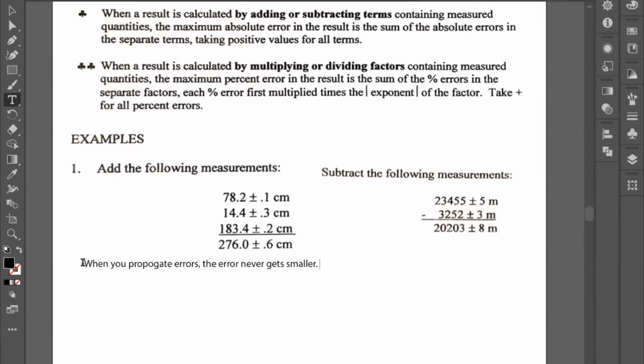The only way errors can get smaller is by two ways.